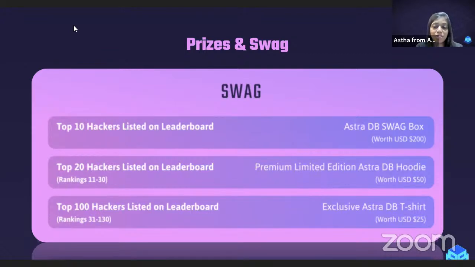The next 20 participants get a limited edition Astra DB hoodie. And the next 100 participants get an exclusive Astra DB t-shirt. The DataStax team has been really cool about this. There are a lot of prizes and swag to be won, so do participate and submit those amazing projects.